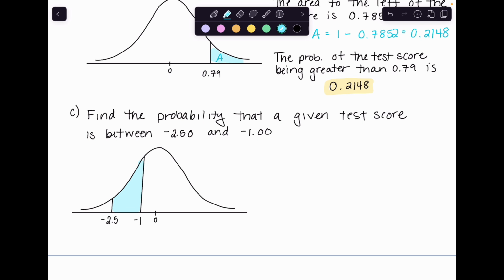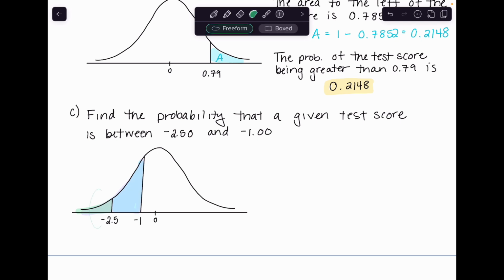So if I find the area corresponding to negative 2.5, it's going to give me this area here. If I look at my z table at negative 1, it gives me all of the area to the left of negative 1.